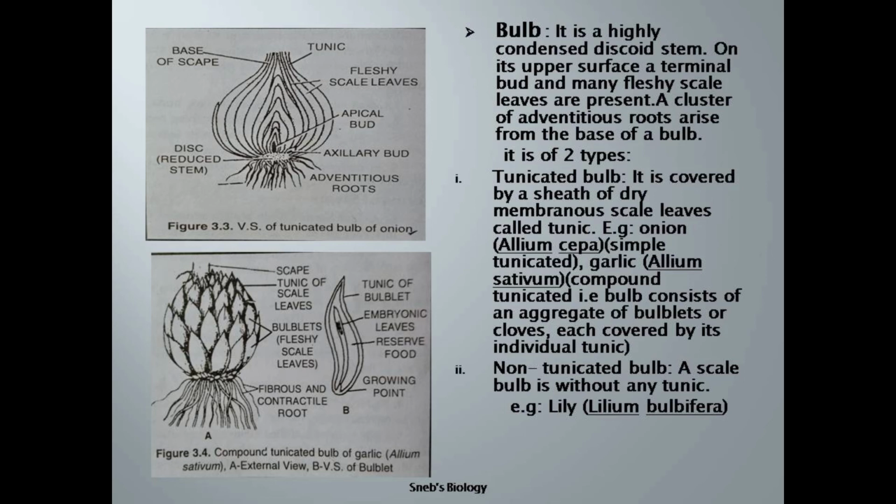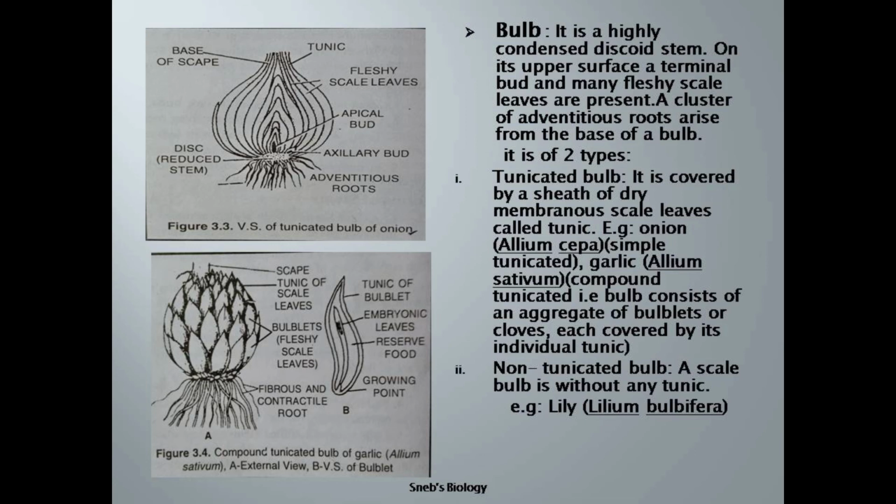From these nodes arise the leaves, and the parts of these leaves which remain underground become thick and fleshy, and the part above the ground becomes green. Some of the outermost leaves become drier and scaly. So the lower part is scaly and the part which comes out of the ground is green for photosynthesis.